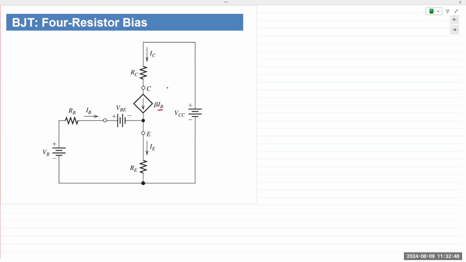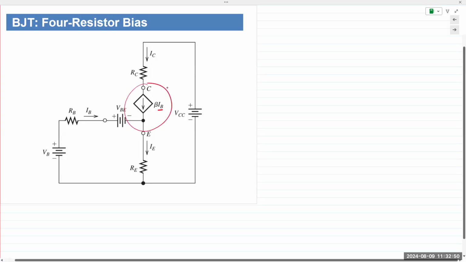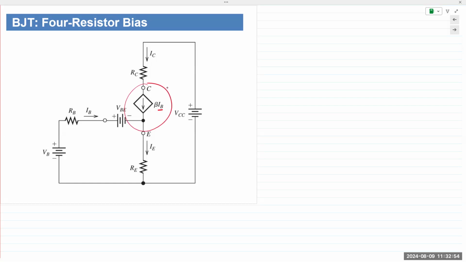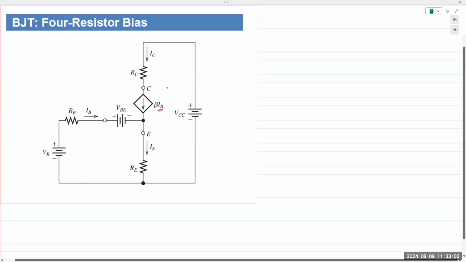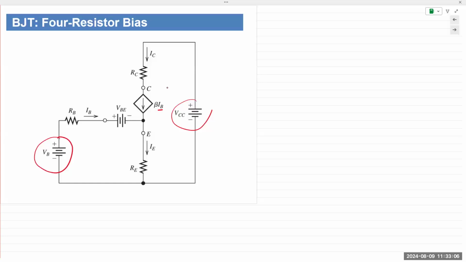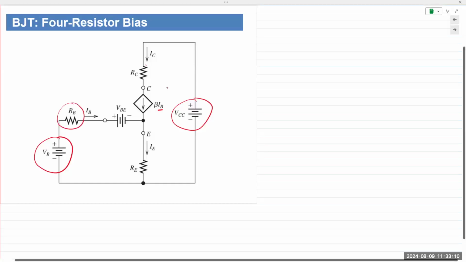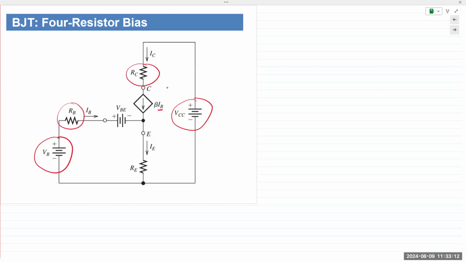Okay, so if we do that, we are still analyzing the same circuit as that previous example. We're just using a different kind of model. So in this model, we can say that we're applying a voltage at the base, we are applying a voltage at the collector. We have the same base resistor RB, same collector resistor RC.